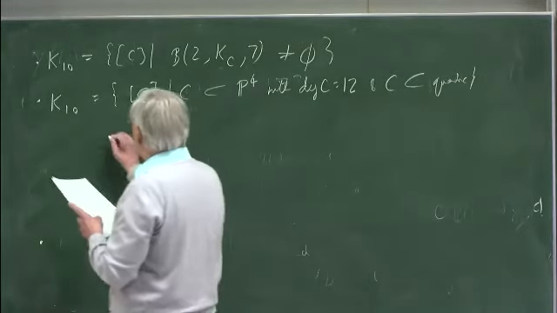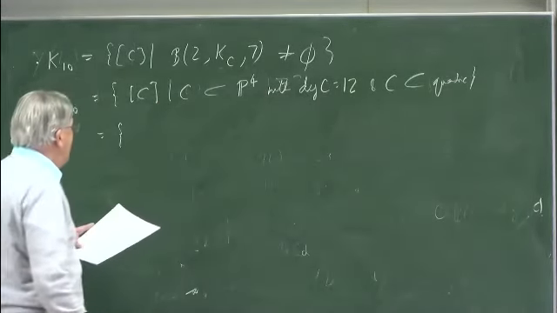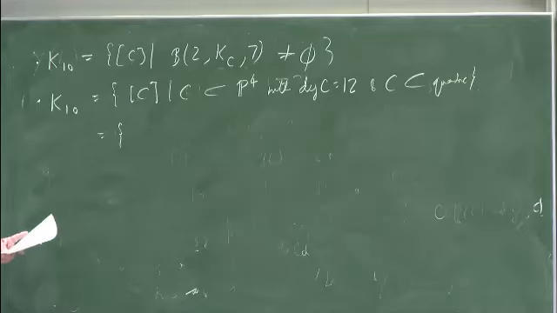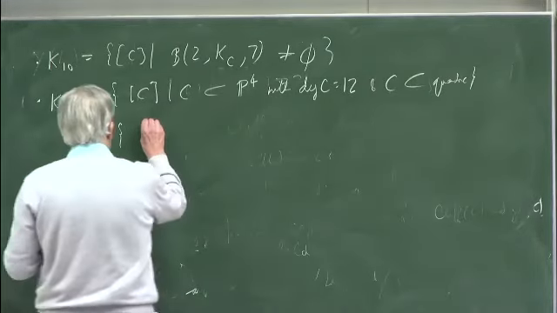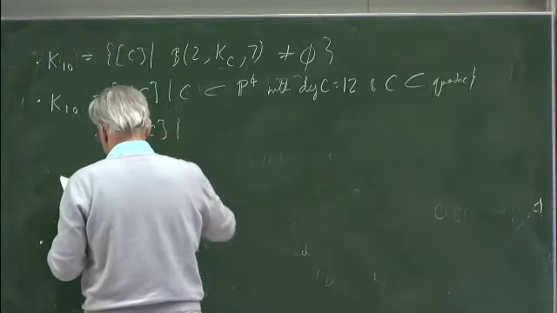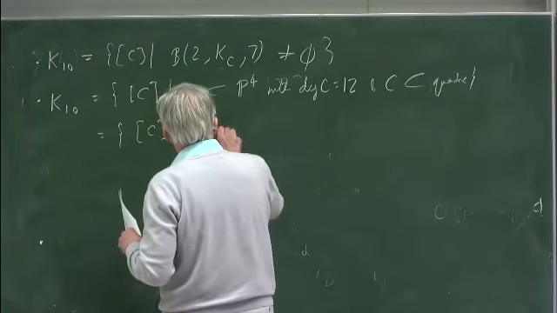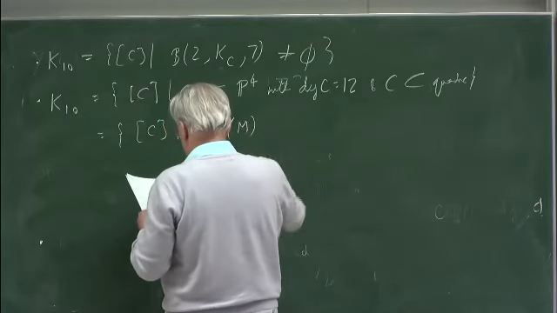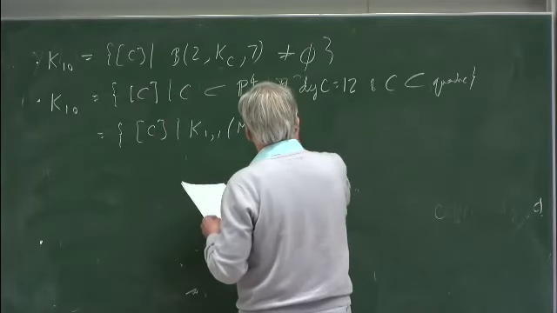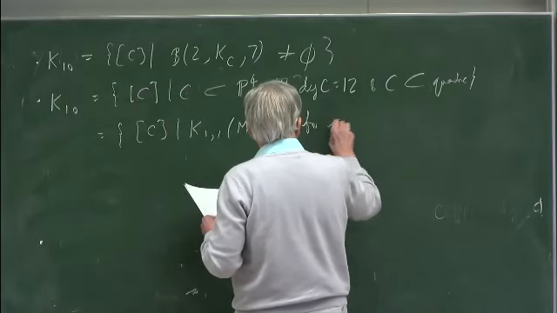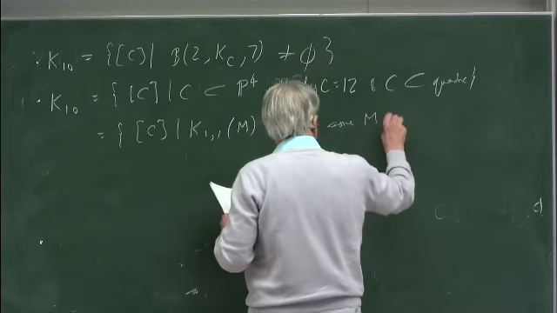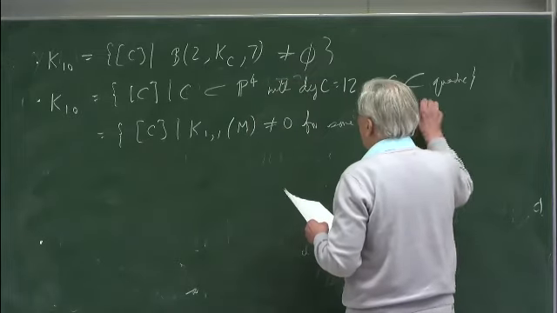And just to fit in with some of the other ideas, using the definition of Koszul cohomology, you can make that K_{1,1} of M is non-zero for some M in B^4_12.